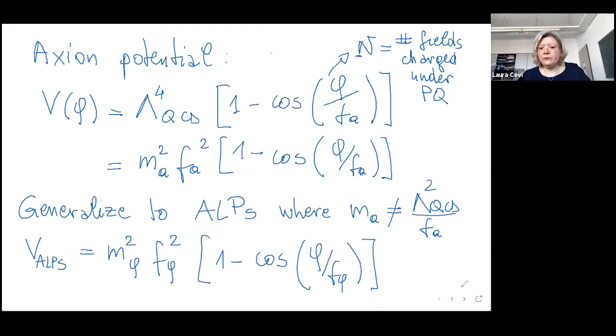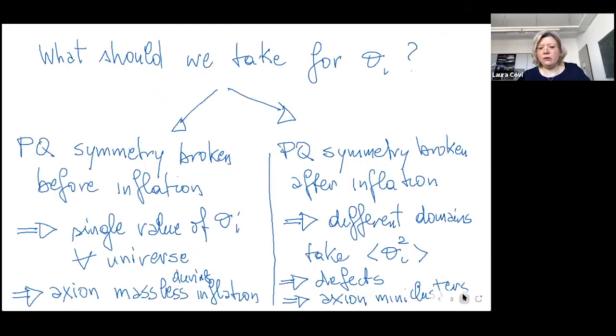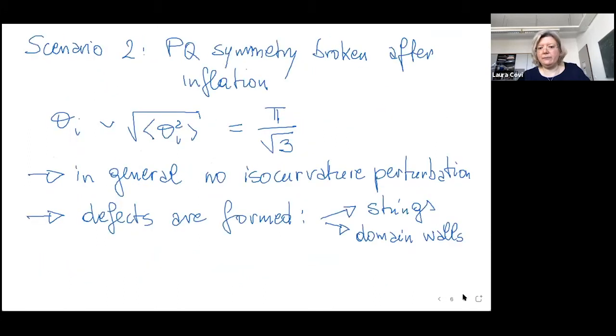So in that case, you can also have domain wall formation, and the domain walls are usually a very big trouble, because they often dominate the energy density of the universe, and they give you the wrong behavior of the Hubble parameter, and they are quite difficult to get rid of.